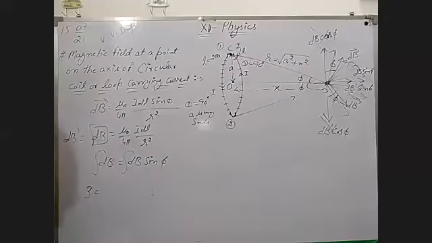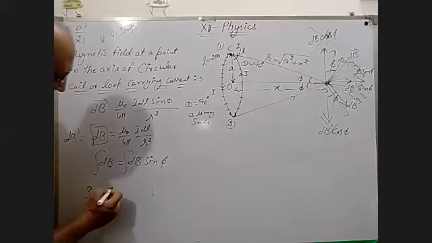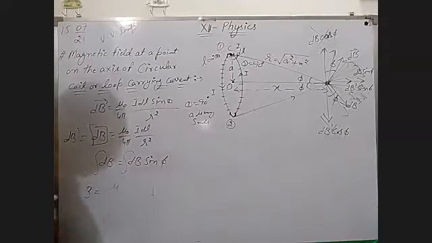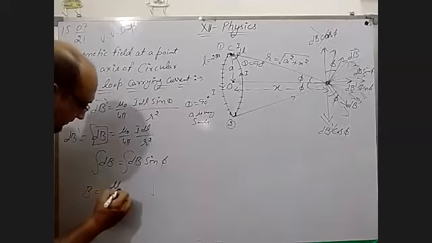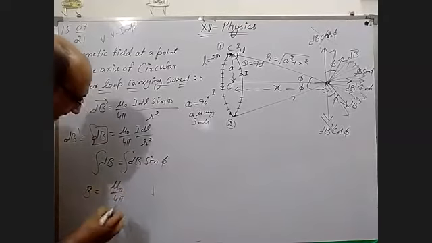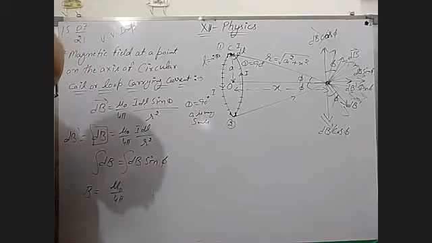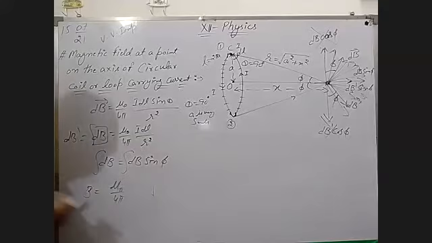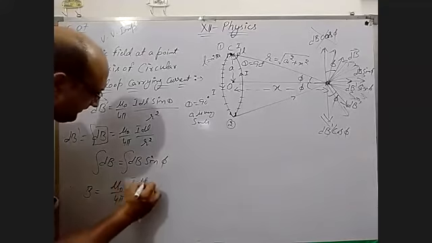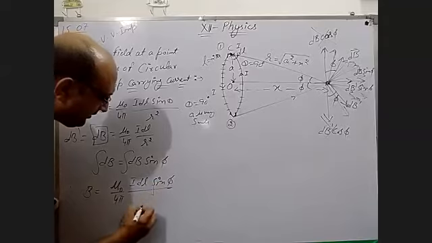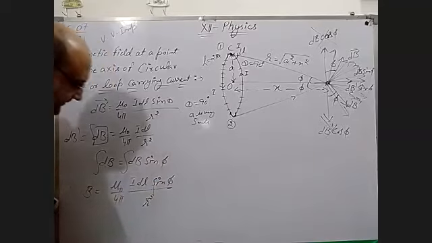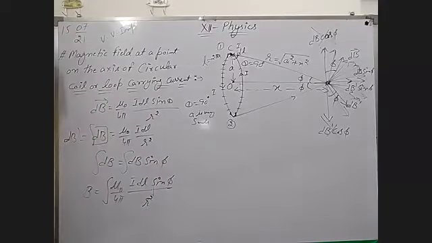What is the value of dB? Mu naught upon 4 pi I dl sin phi upon r square. This integration you have to take now.